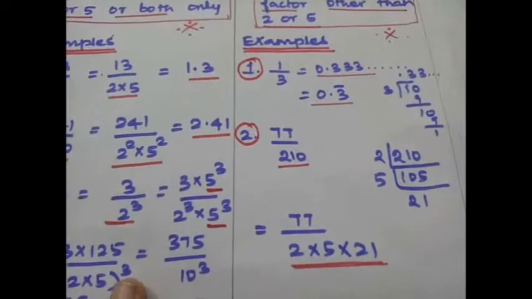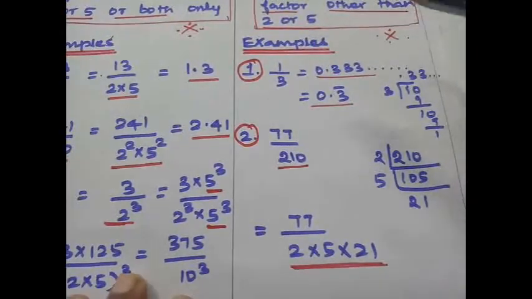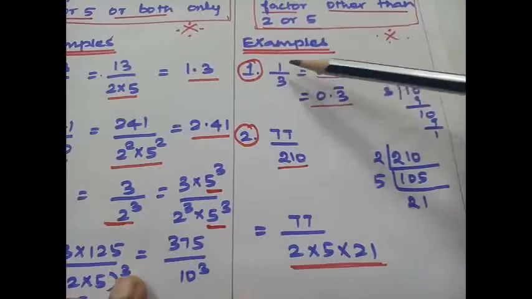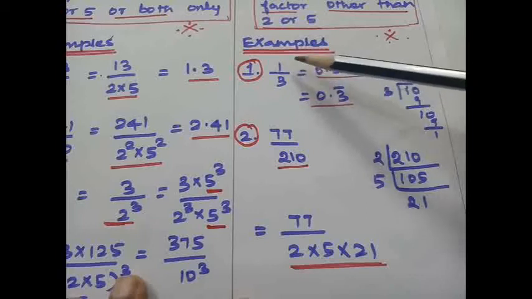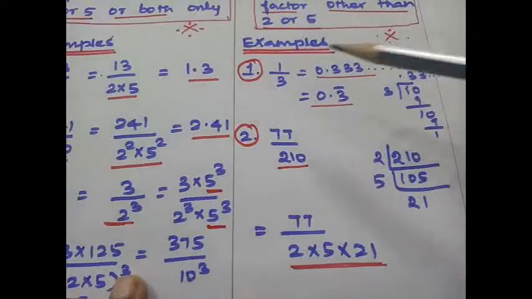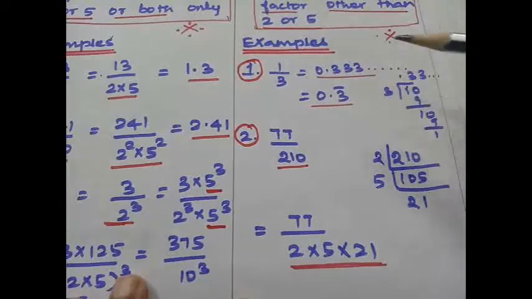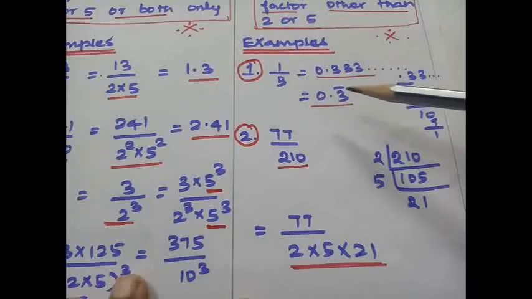Now we can see examples for non-terminating recurring decimal expansion. Here, 1 by 3. You can't factorize 1, it is already in factor form. So just do the long division, and you have the answer 0.333, it's infinite. This you can write as 0.3 bar, that you have studied in 9th standard.